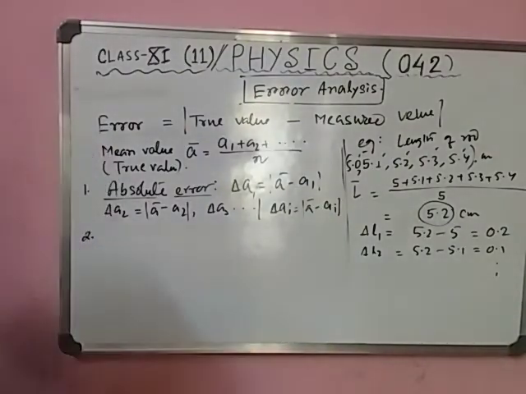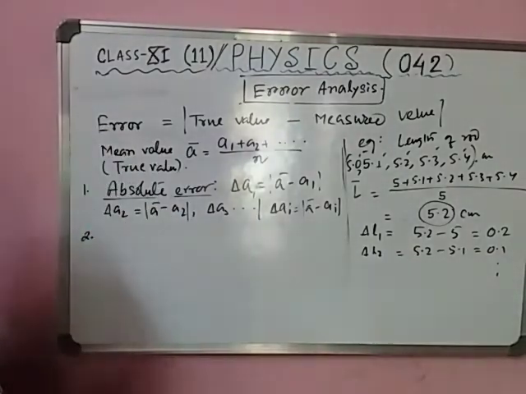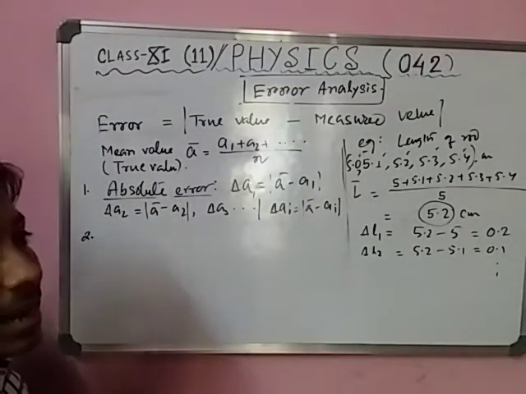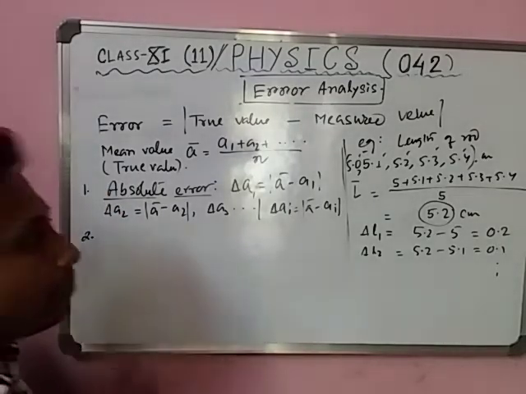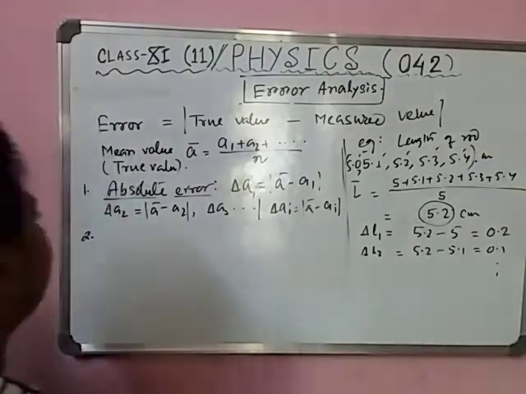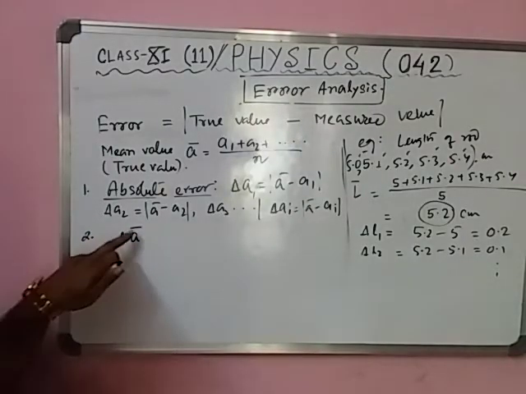Okay. Next, number 2. After absolute error, we have to calculate the mean absolute error. Mean absolute error means, students, you have to take the mean of all absolute errors, like delta A bar. Mean means bar.